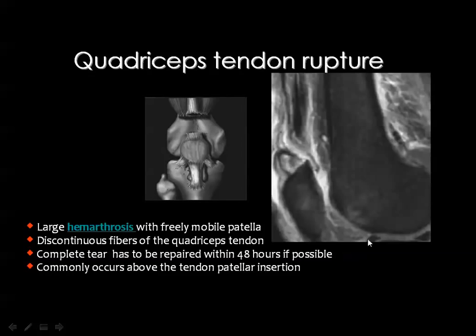Of course, if it is post-traumatic, the rupture will lead to a significant amount of blood within the joint, and the patella will be more freely mobile compared to the state when the tendon is intact. A complete tear usually needs to be repaired within the first 48 hours if this is possible.